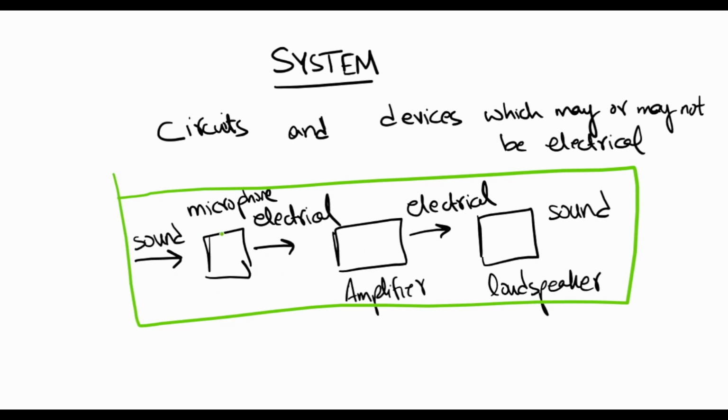And then we have some other electromechanical devices in this case, because a microphone is not an electrical device, it is an electromechanical device. So this combination of microphone, amplifier and loudspeaker, which may or may not be electrical, can be interface devices.